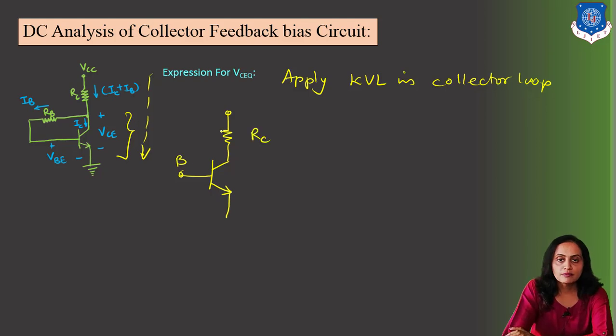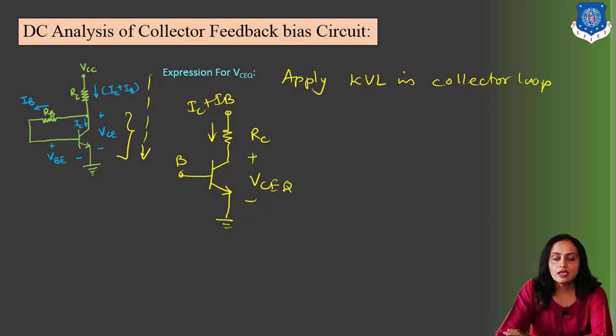The base terminal is kept open, this is RC, the current flowing through RC is IC plus IB, and this voltage is VCE, and for the quiescent value I will write VCEQ.